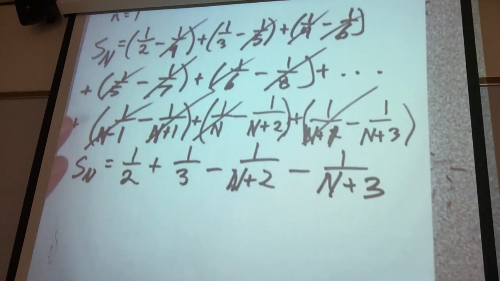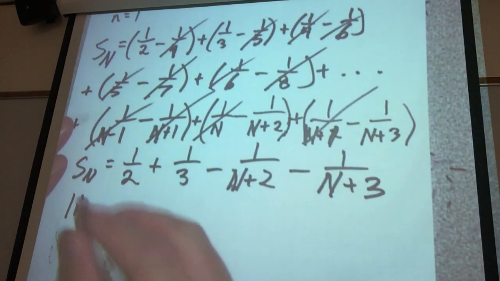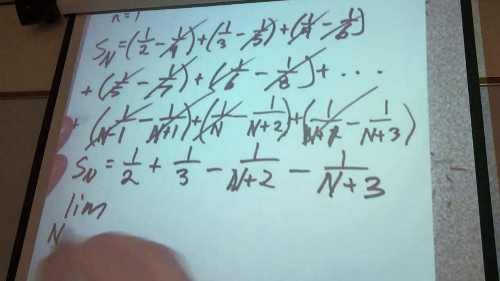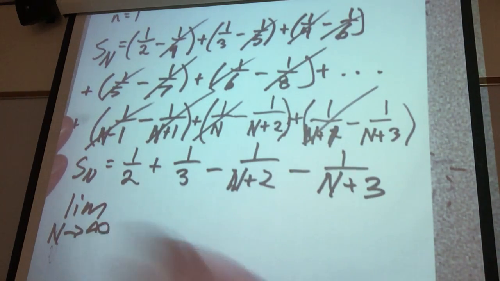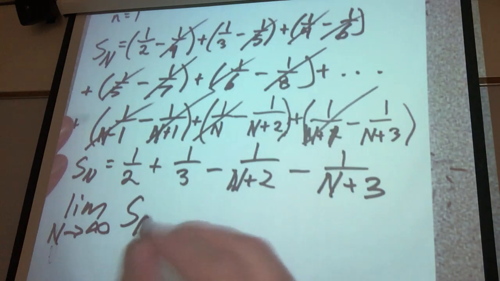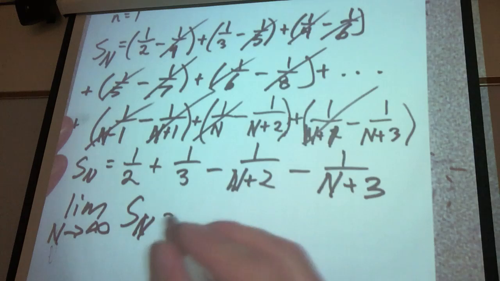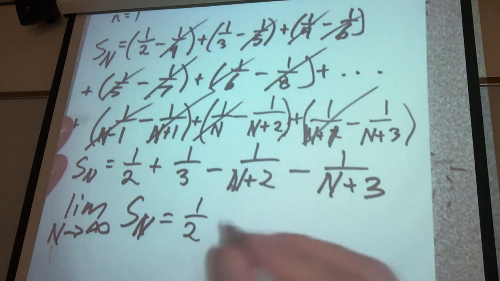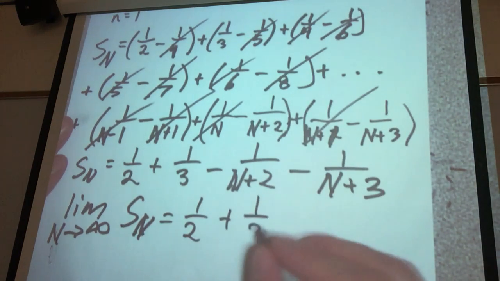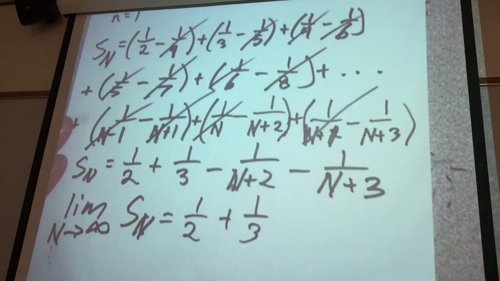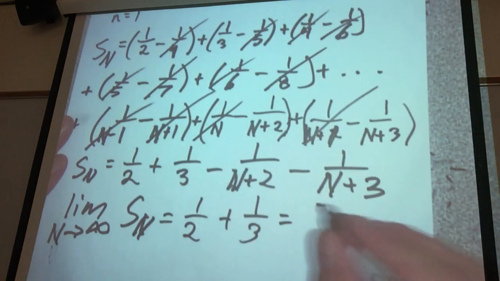Now if we take the limit as capital N tends towards infinity of S sub capital N, both of these terms are going to go to 0, and so we're going to end up with 1/2 plus 1/3. So that's 3 over 6 plus 2 over 6, which equals 5 divided by 6.